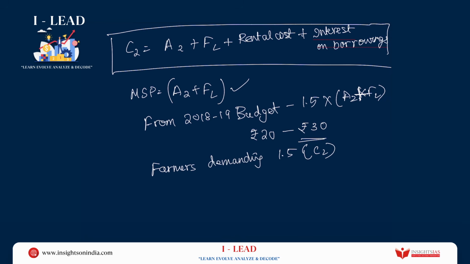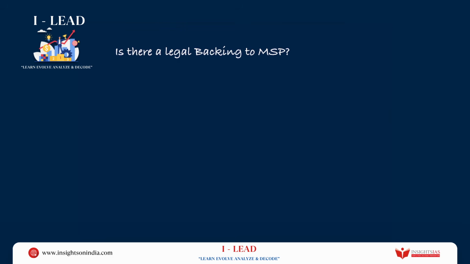They are not just demanding 1.5 times A2 plus FL, which the government is already giving them. They are demanding 1.5 times of C2. C2 means A2 plus FL plus the rental cost plus the interest on borrowings. So, a very elaborate formula, right?